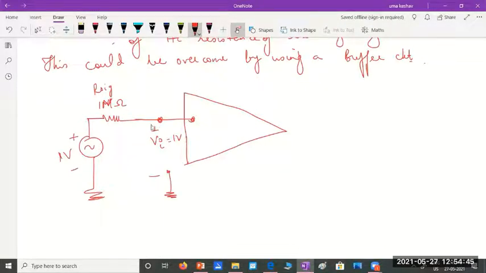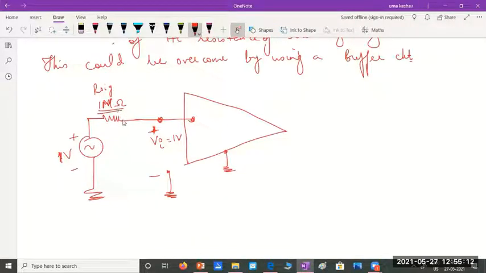How is that possible? Can you tell me under what condition it is possible? When will I get this 1 volt here? When the voltage drop across Rsig is 0. When can that be 0? When I is 0. How will I be 0?